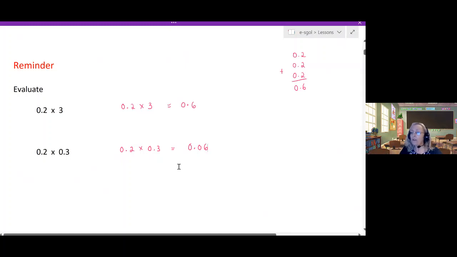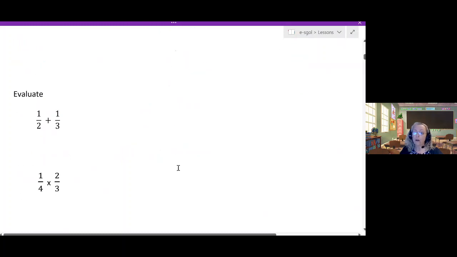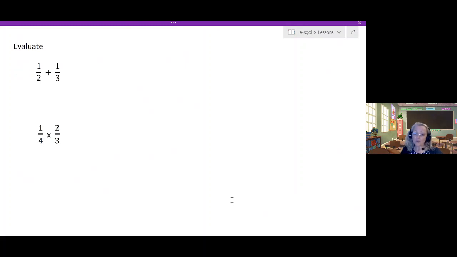The other thing that it's worth us having a look at before we start probability is adding and multiplying fractions. Again, it says evaluate, so just work out the answer to. The first problem is 1/2 add 1/3. And the second problem is 1/4 multiplied by 2/3.